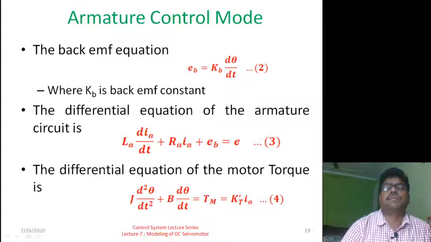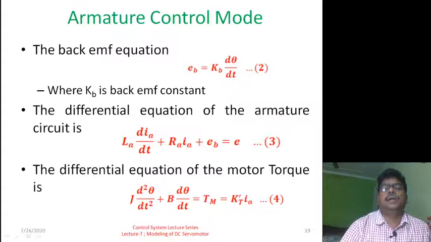So differential equation for the armature circuit is La dIa upon dt plus Ra into Ia plus Eb equal to E. And then for the mechanical parameter, J d square theta upon dt square plus B d theta upon dt, and this B is a viscous friction constant, d theta upon dt is velocity, d square theta upon dt square is acceleration.